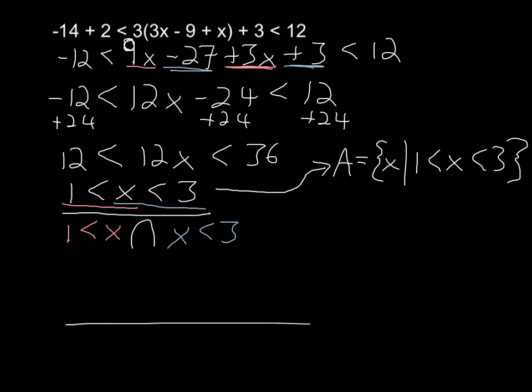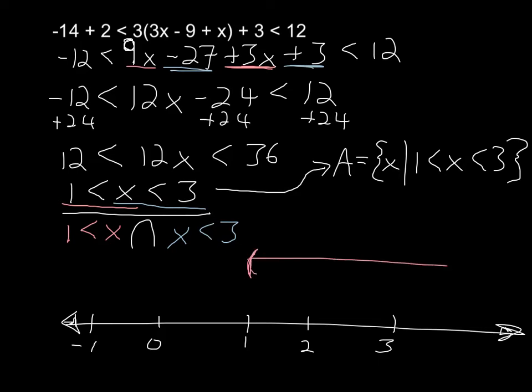Now let's put it on the number line. We know we're going to need a 1 and a 3. Let's put in 2, 0, and negative 1. We know x is going to be greater than 1, so we have a round paren going to the right, and less than 3.